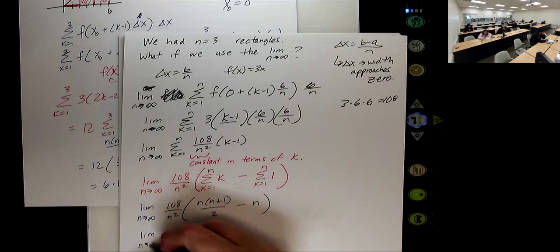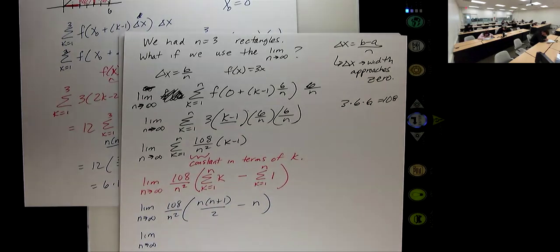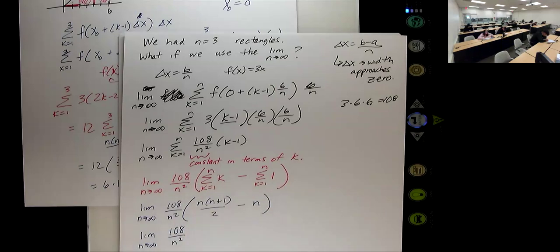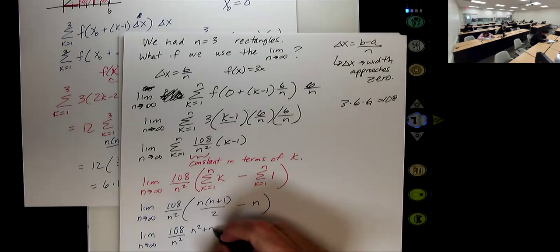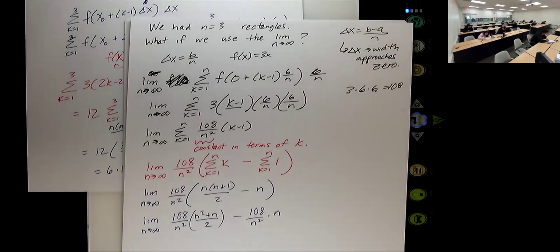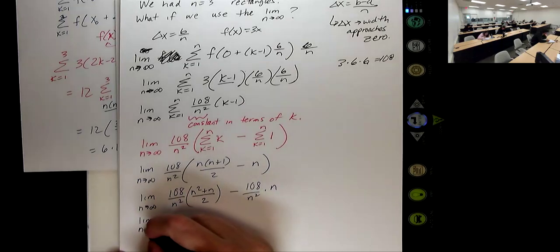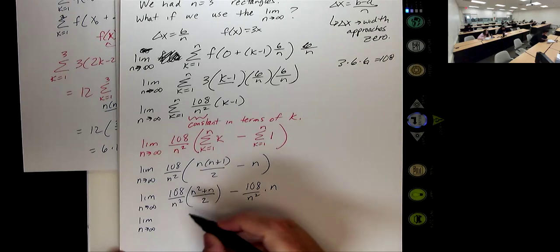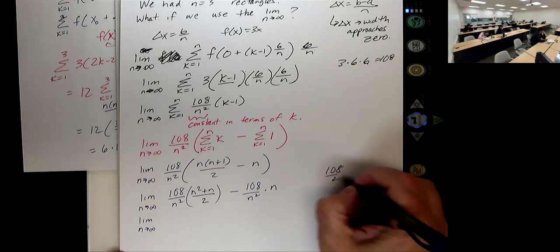So this is limit as n goes to infinity, I have 108 over n squared times n squared plus n over 2, minus 108 over n squared times n. 108 divided by 2 is 54.